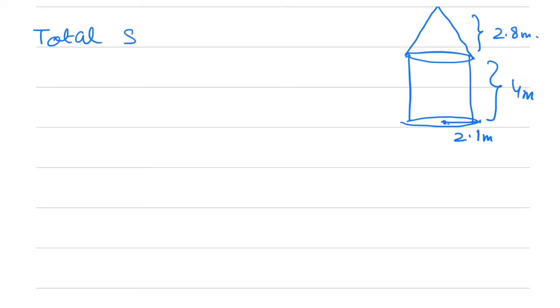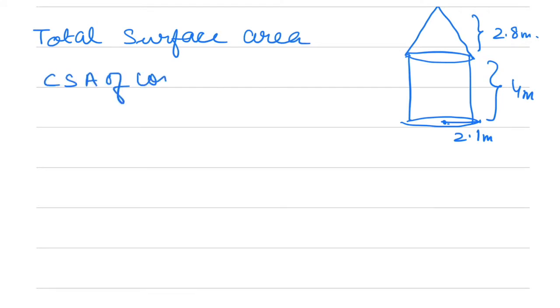Total surface area would be curved surface area of cone plus curved surface area of cylinder. And always remember, tent is open from the bottom.